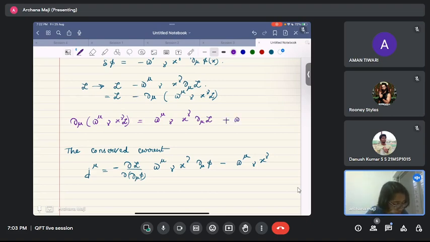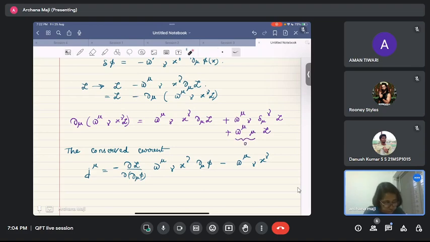So from there we will get another term, omega mu mu L. But since omega is antisymmetric, we know that all the diagonal elements are 0, so that's why this term is 0.